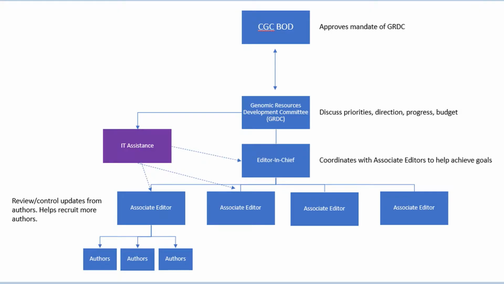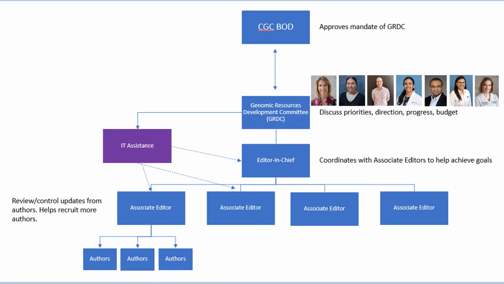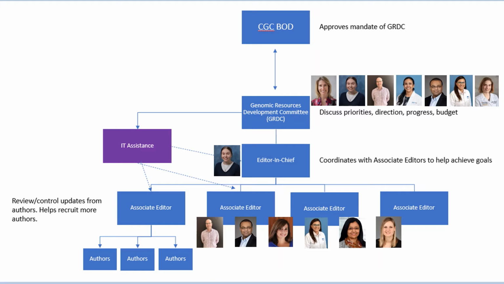In terms of the leadership for the CCGA, we have the Genomic Resources Development Committee that acts as a steering group for this effort, and their mandate is approved by the CGC Board of Directors. There's an editor-in-chief role as well as associate editors. The associate editors work with authors for creation of content as well as review of the final product. We have IT assistants.